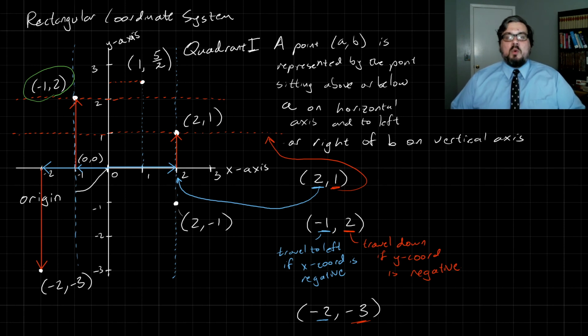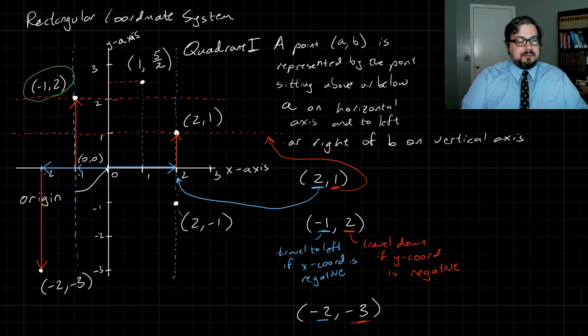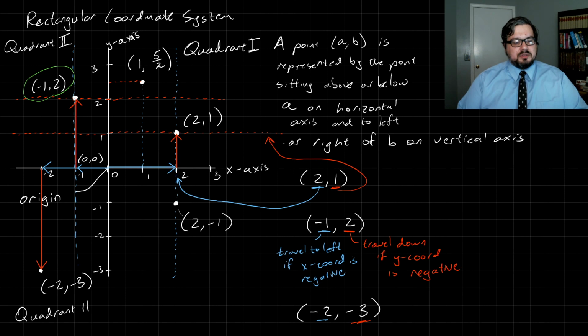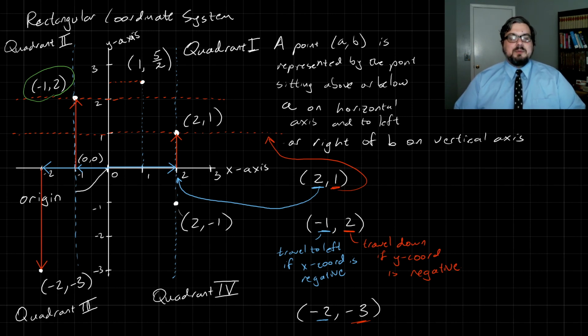We then name the quadrants in order going counterclockwise around the graph. So the upper left quadrant is called Quadrant 2. The lower left quadrant is called Quadrant 3. And the lower right quadrant is called Quadrant 4.